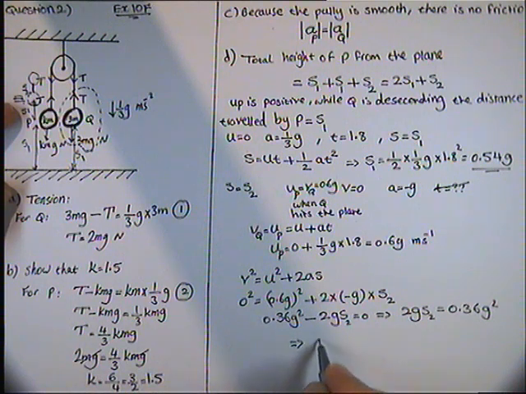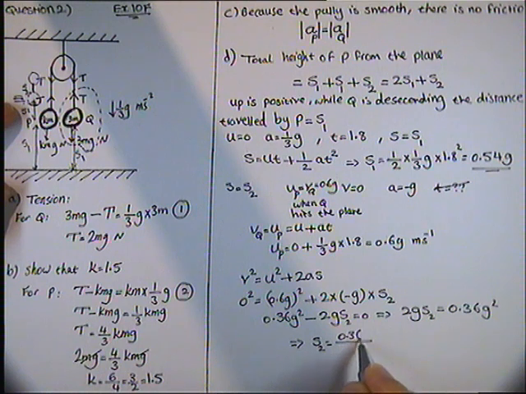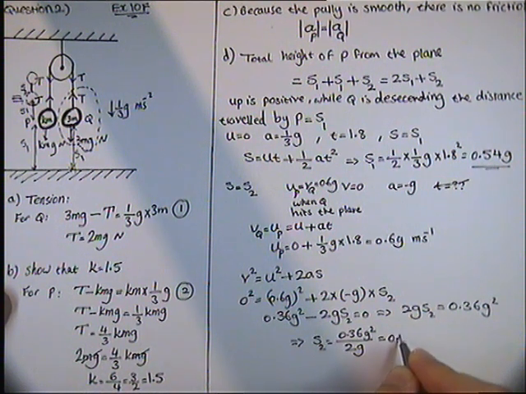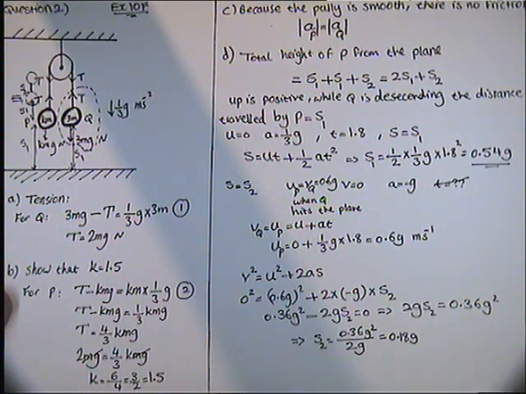And finally, s2 is equal to 0.36 g squared divided by 2g, which we need to work out in terms of g, which is 0.18 g, in meter or centimeter or any other units.